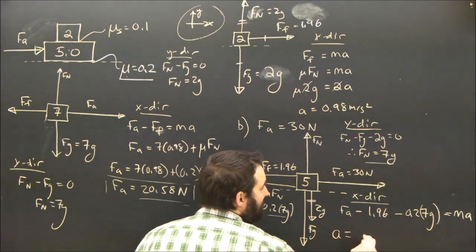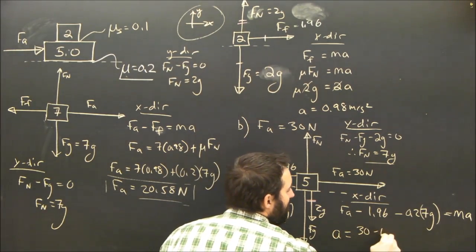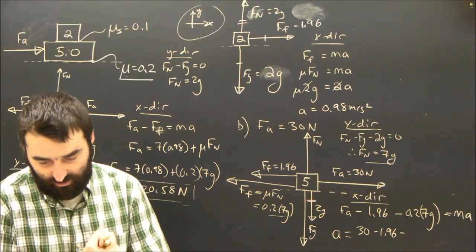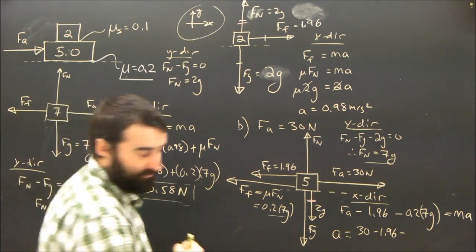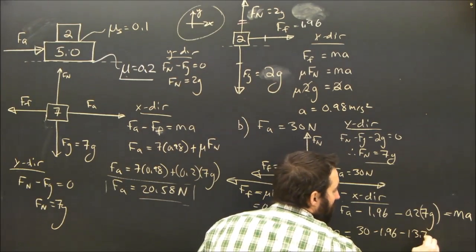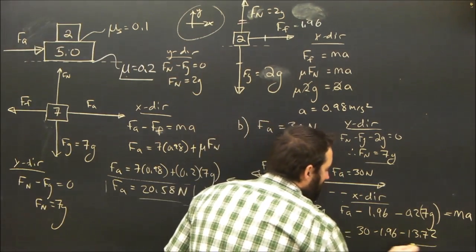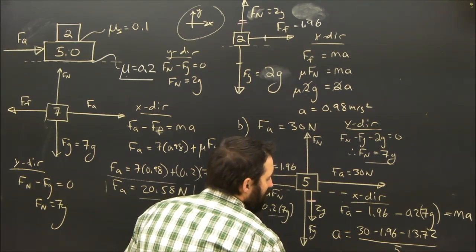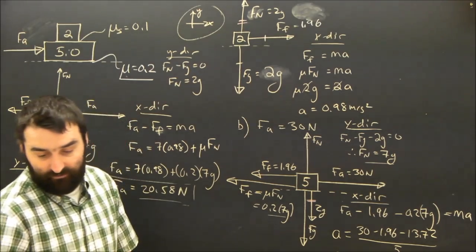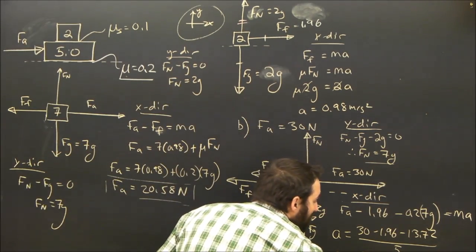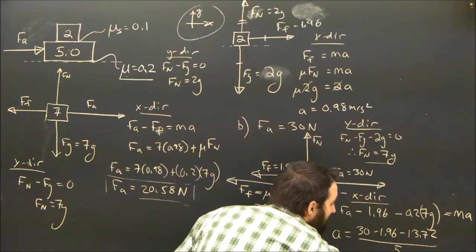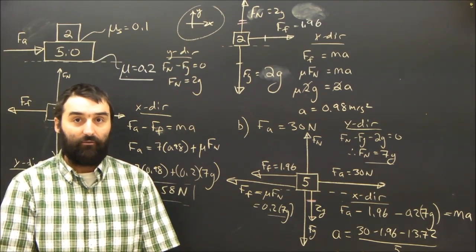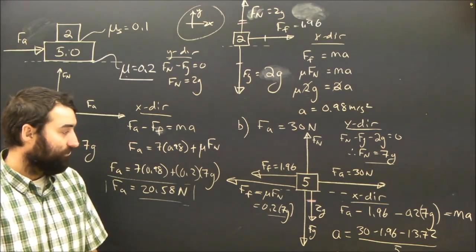Rearranging that, I'll get that the acceleration equals 30 minus 1.96 minus, what did we say, 7g times 0.2, 13.72, all divided by the mass of this object, which is 5, and hopefully that turns out to be 2.864 meters per second squared, which of course I would round to 2.9.